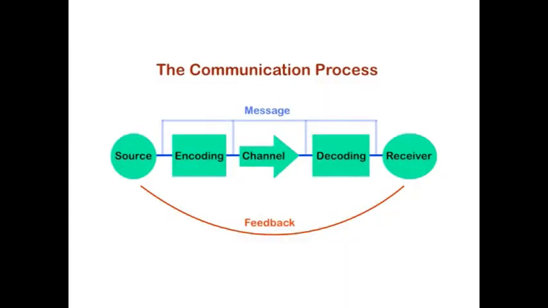In the communication process, a sender (encoder) encodes a message and then using a medium (channel) sends it to the receiver, that is the decoder, who decodes the message and after processing information sends back appropriate feedback (reply) using a medium or channel.